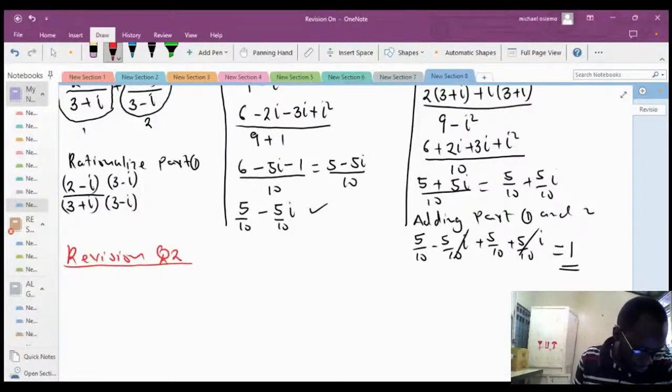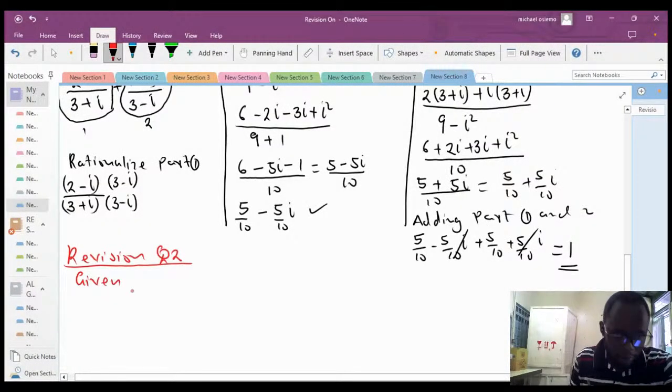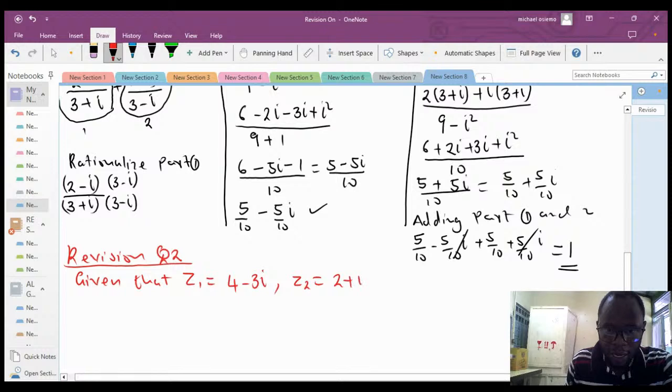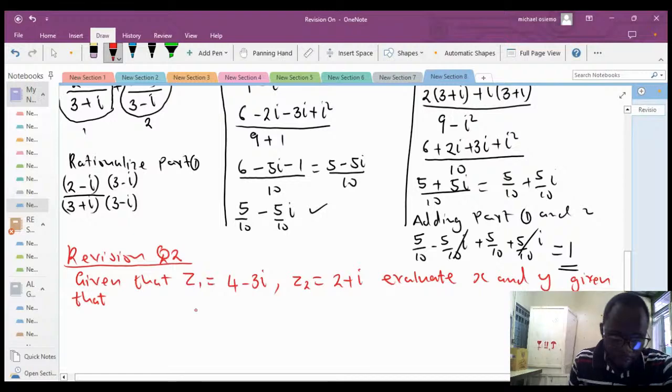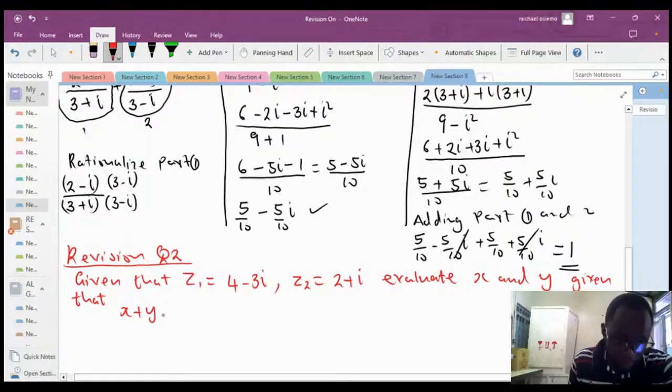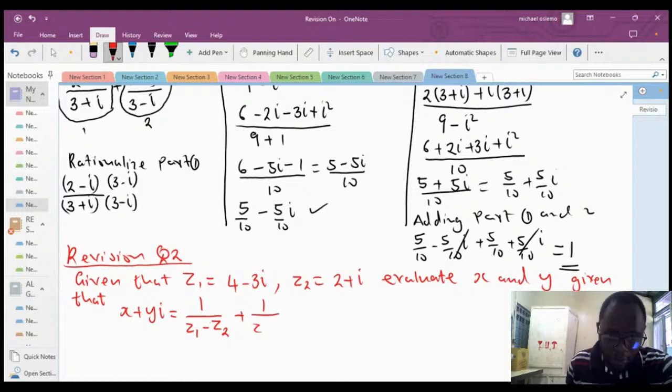On division question 2, given that z1 is equal to 4 minus 3i, and z2 is equal to 2 plus I. Evaluate x and y given that x plus yI is equal to 1 over z1 minus z2, then plus 1 over z1 z2.